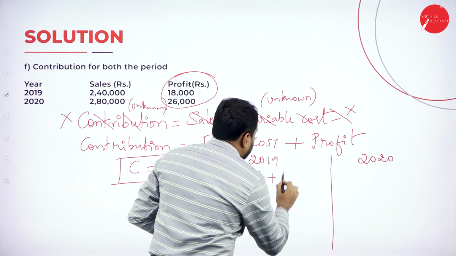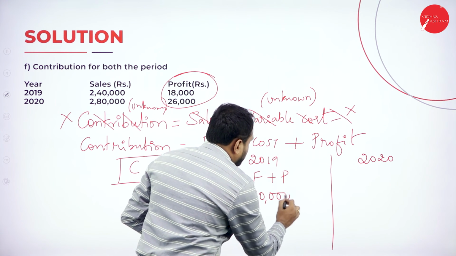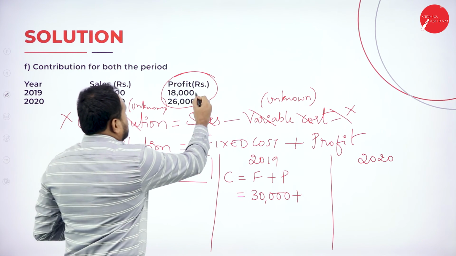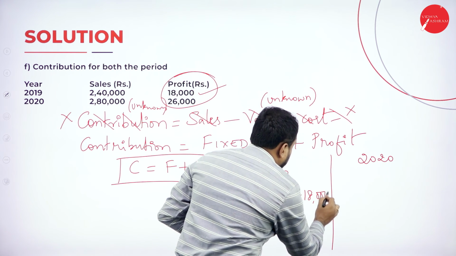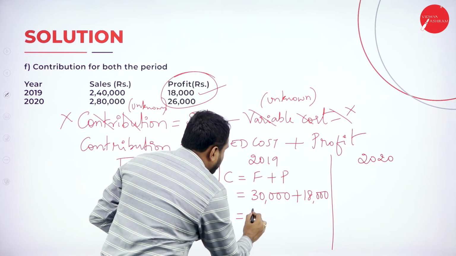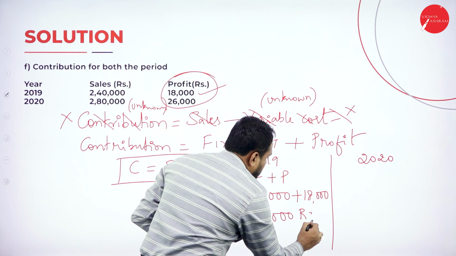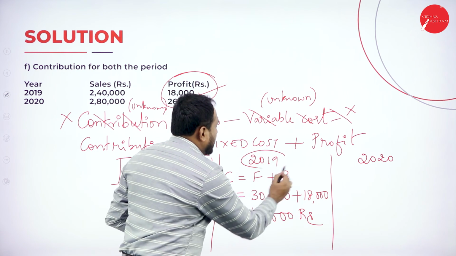So C is equal to 30,000 plus the profit of 2019, which is 18,000. 30 plus 18 is 48,000 rupees. So this is my contribution for 2019.